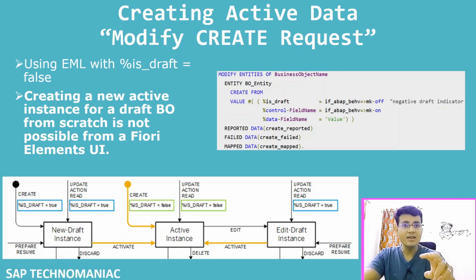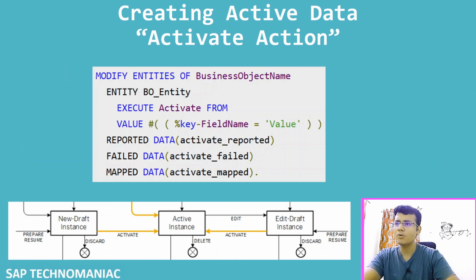The second way, if you are working from the programming perspective or using EML, is that you can directly code the activate action like you call other actions. In the same way as the other actions we discussed in my previous video, accept travel and reject travel, you can call the activate action. I think I have written code somewhere showing how we can call it.